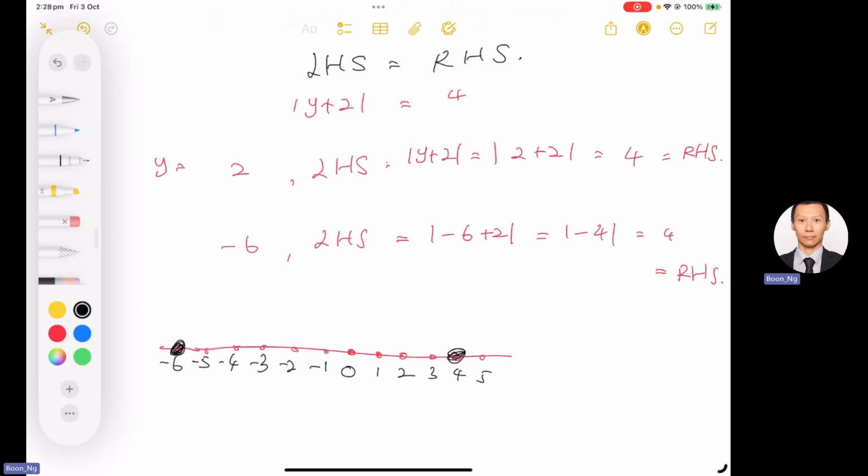So that is how we solve for the first one, for the function absolute value of y plus 2 equals 4.